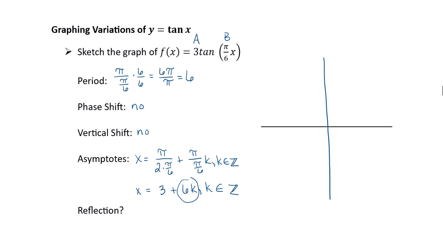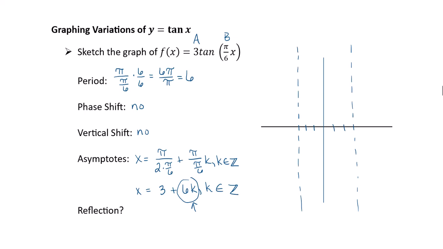So let's draw in our y-axis, and apparently we have a vertical asymptote of x equals 3. And if k were -1, then -1 times 6 is -6, plus 3 is -3. And there we see our other vertical asymptote for the one period of the graph that we'll be sketching.